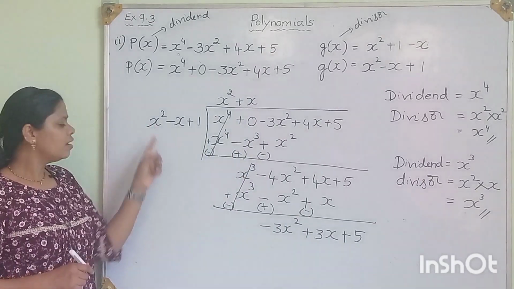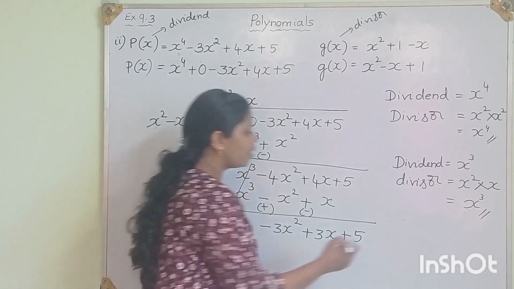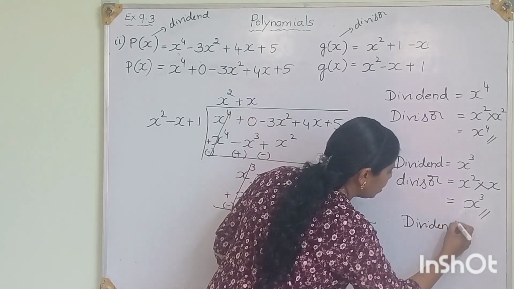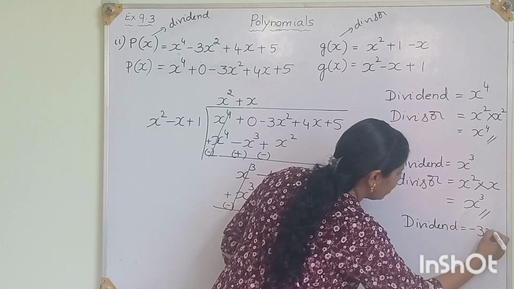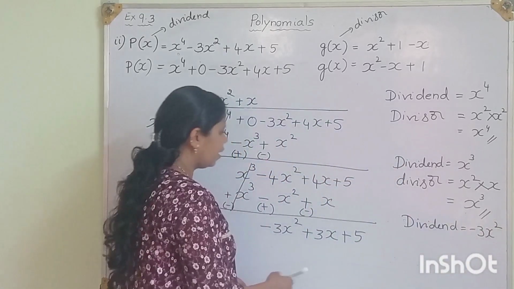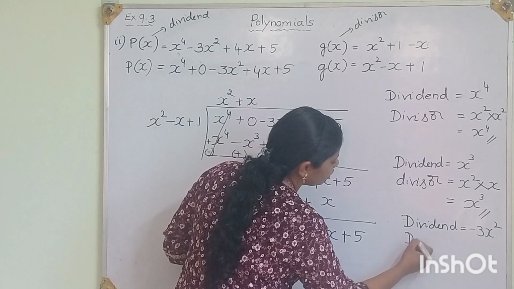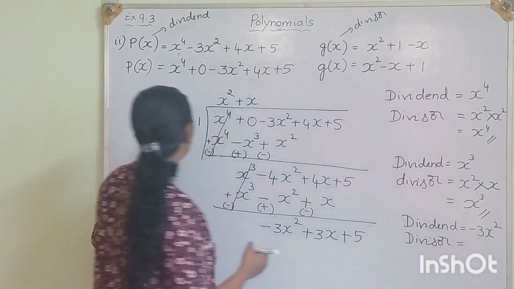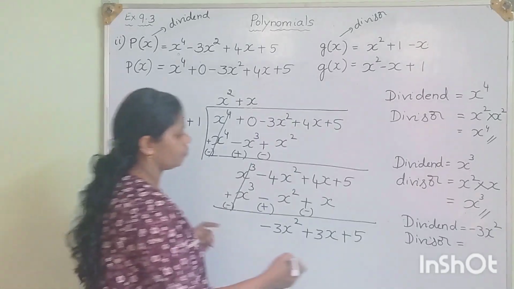Now look at this. First term of the dividend is what? Minus 3x square. Then the first term of the divisor is what? x square.